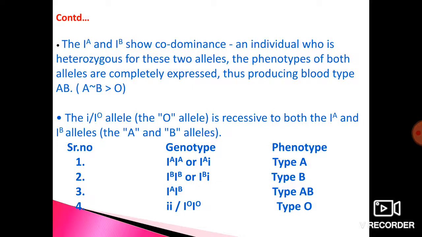Now, keeping that relation in mind, what genotype will create what phenotype? Or rather, if I hear that someone is group A positive, what genotype can that person have? Let us examine.